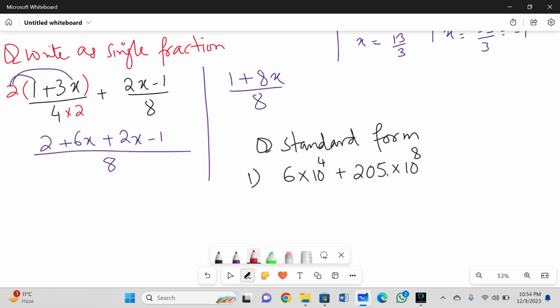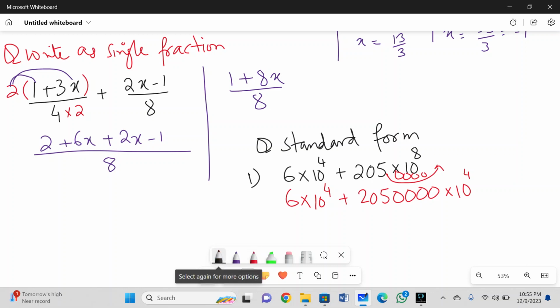We don't have any digit after the decimal, so we can put zeros in this case. 6 into 10 power 4 plus 205, and then I need to put 4 zeros because I am shifting it 4 digits towards the right. Now it will be 10 power 4 as well, because power 8 is reduced by 4 degrees.